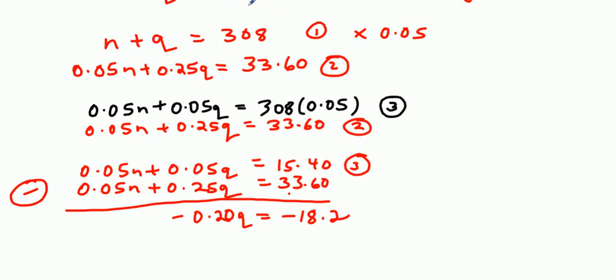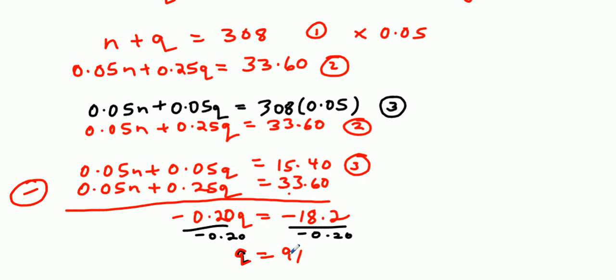And then when I divide both sides through by that coefficient minus 0.2, I get 91. So Q, oopsie, I thought I changed it. Q is equal to 91.